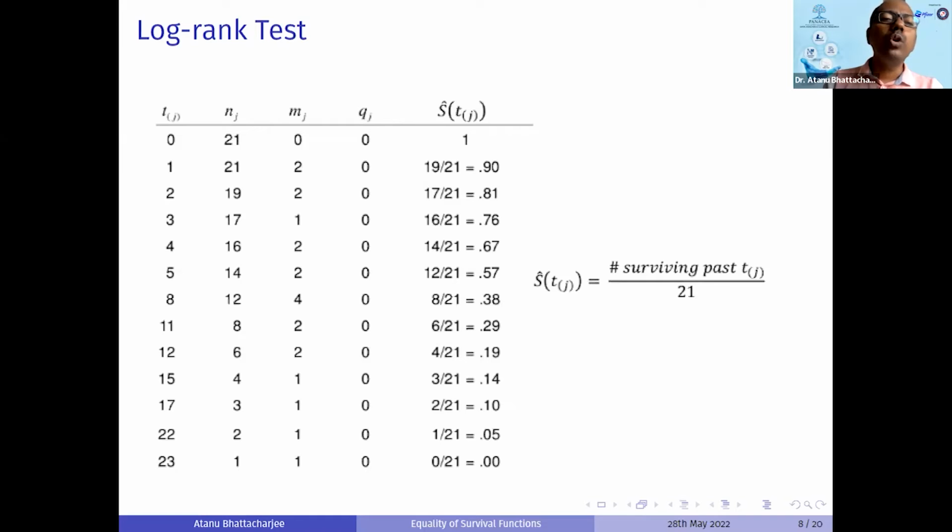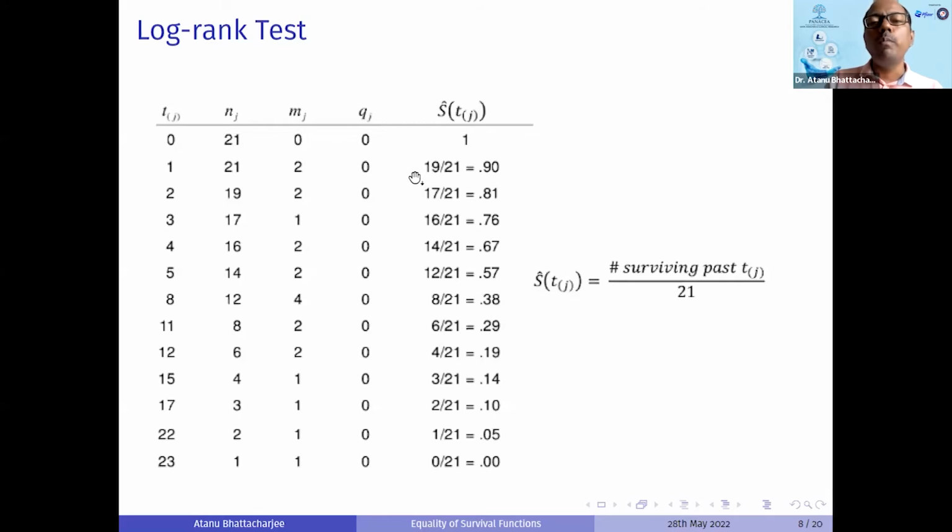So we started the first month with 21, but meanwhile 2 died, so by the end of 1 month, between the first day and the 31st day, 2 died.